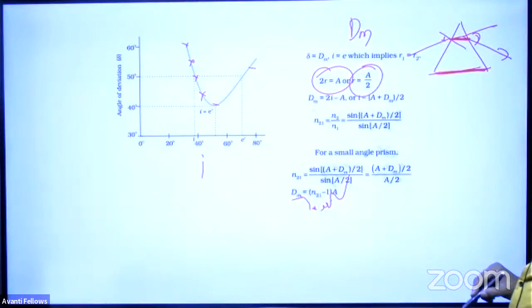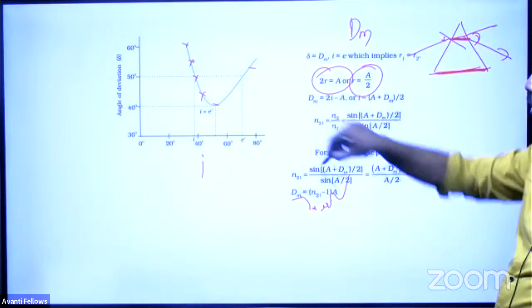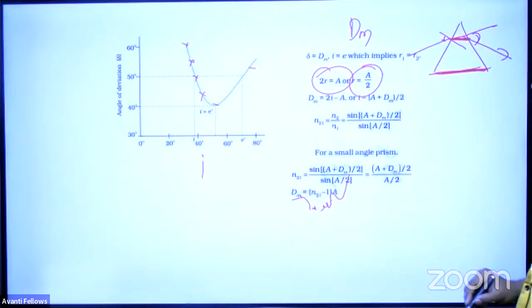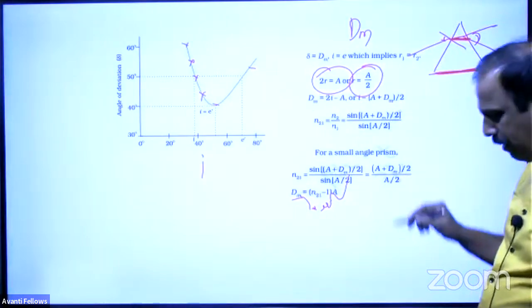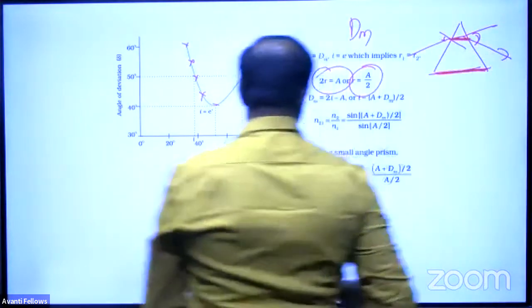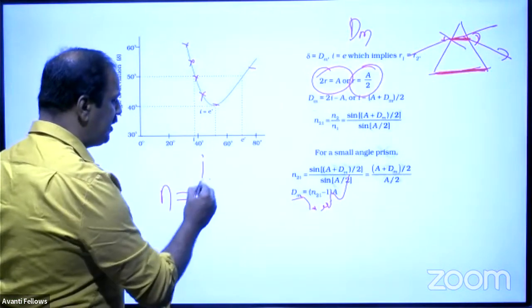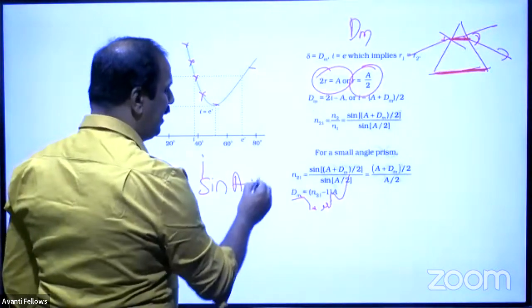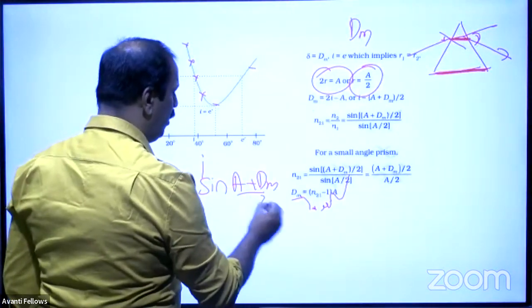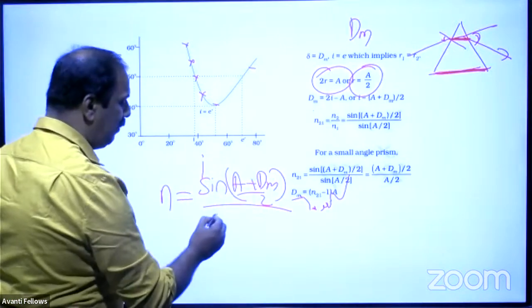Now see here, for I also we have an equation, and for A also we have an equation. The I equation was in the previous page. Now what is that? Refractive index is equal to sin I by sin R. So I was A plus Dm by 2, and R was A by 2.